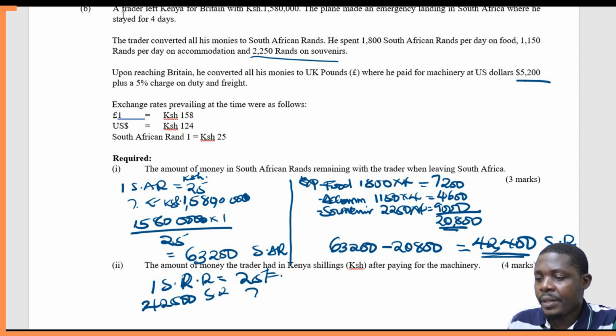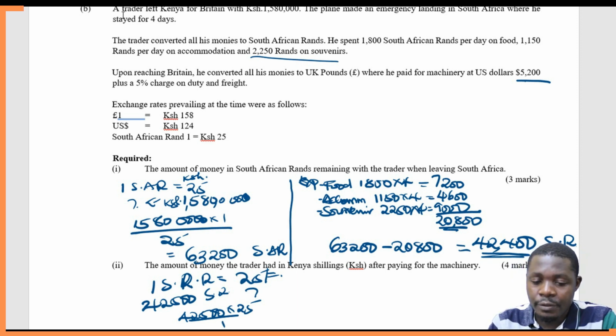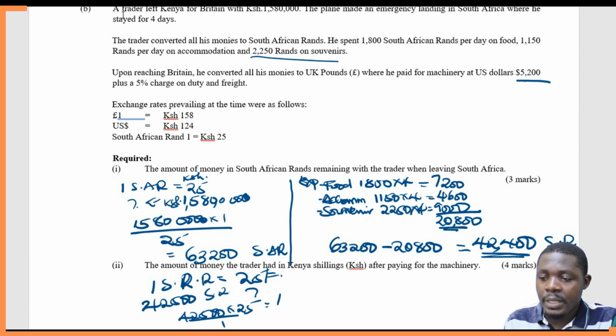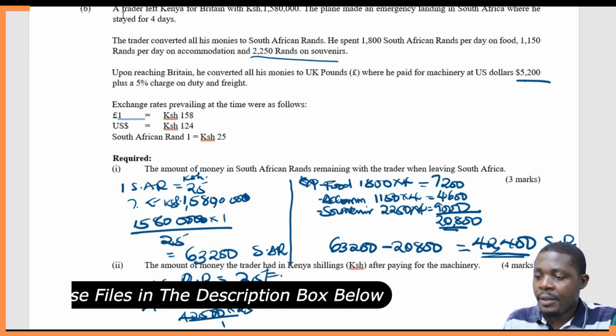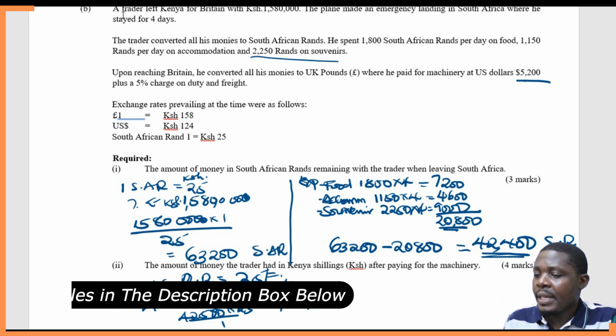Therefore, we just take 42,400. We are multiplying by 25. Everything over 1. Just multiply by 25. In this case, he had 1,060,000, the balance he remained with. Then that is Kenyan shillings.